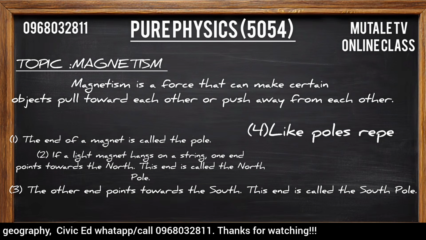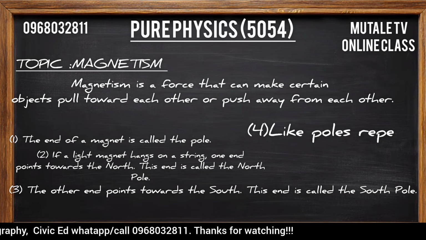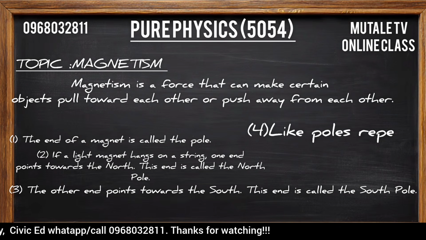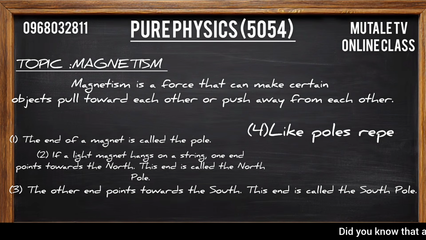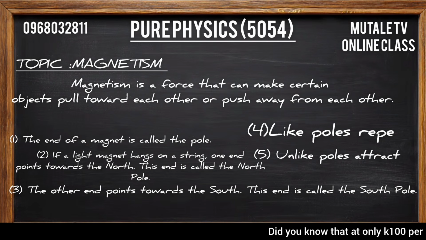There's a law which is called like poles repel. The opposite is also true: when you get a north pole and a south pole and you try to connect the two, they will be attracted to each other.